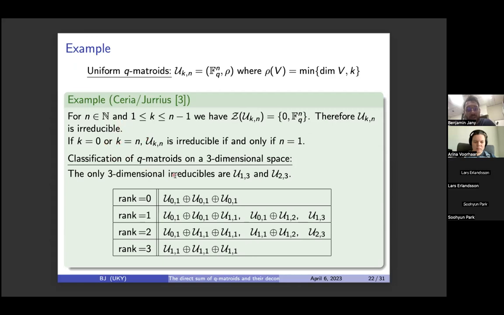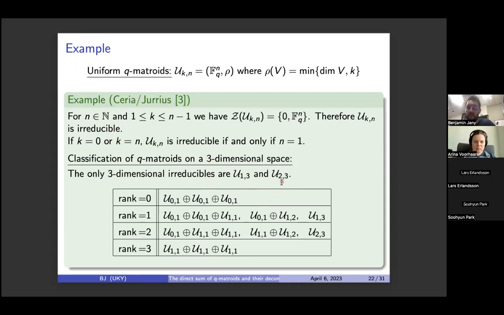Using this fact, if we want to classify all q-matroids on a three-dimensional space, we can see that the only q-matroids defined on a three-dimensional space that are irreducible are precisely the uniform q-matroids U_{1,3} and U_{2,3}, so rank 1 and rank 2.